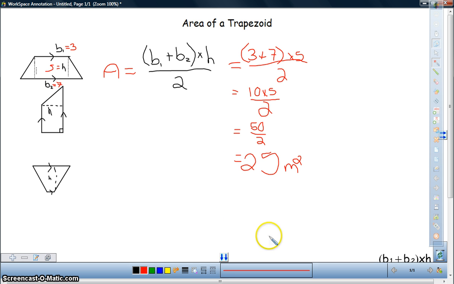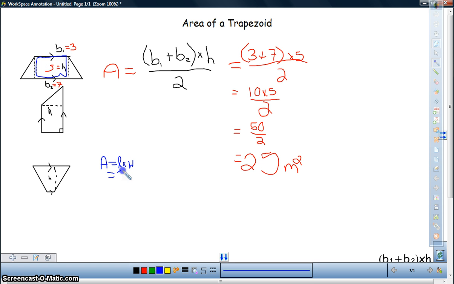If we were to now check our answer, let's say using our composite figures, we would have our area of a rectangle is length times width. So our rectangle is here.